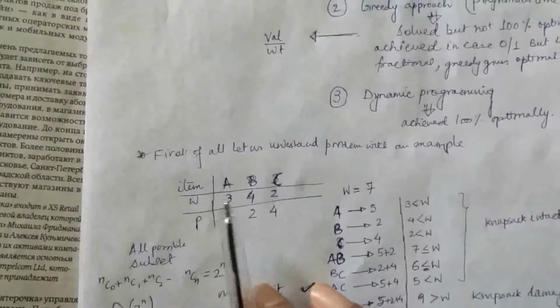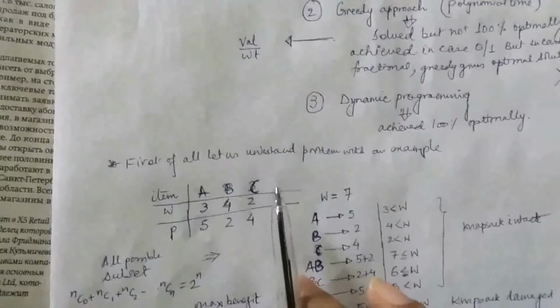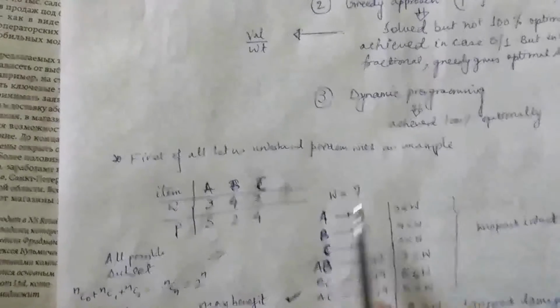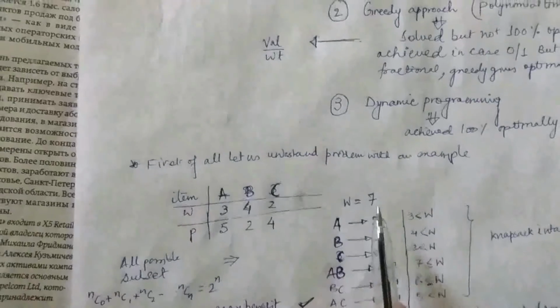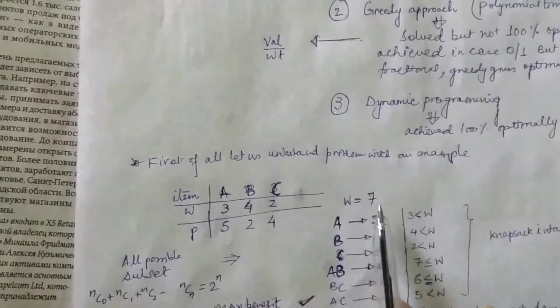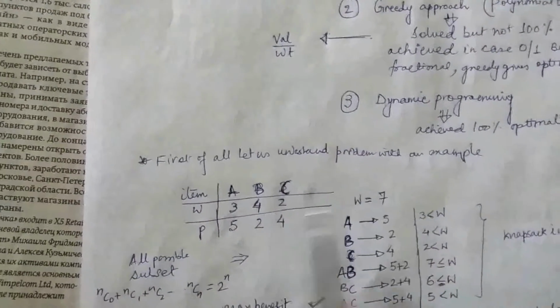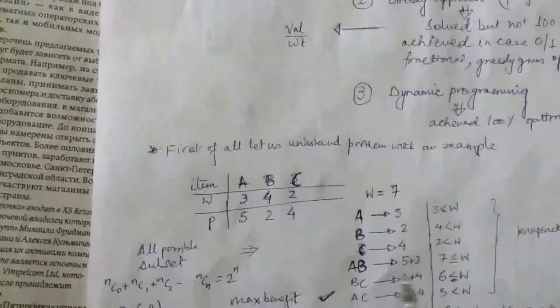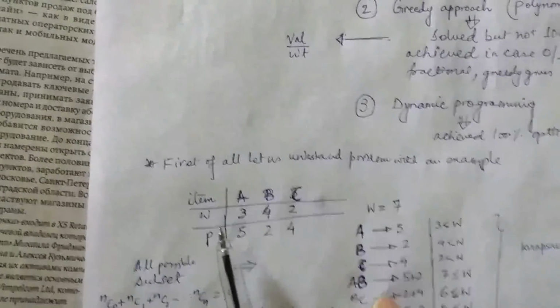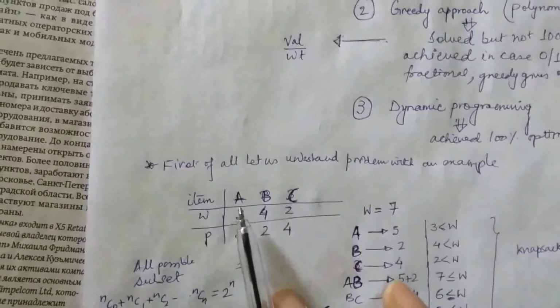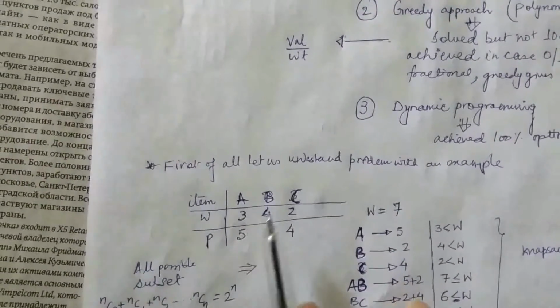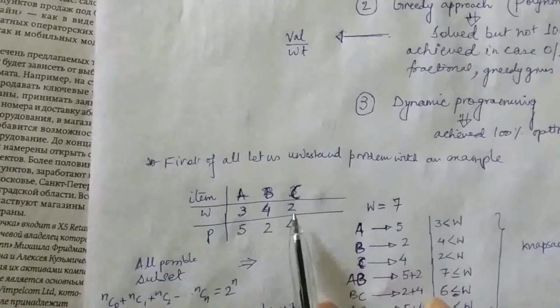Let's say we have items called A, B and C, and we have a knapsack whose maximum weight is 7, meaning it can load up to 7 units, whatever the unit, kg or gram. Now the weight for item A is 3, for B it is 4, and for C it is 2.